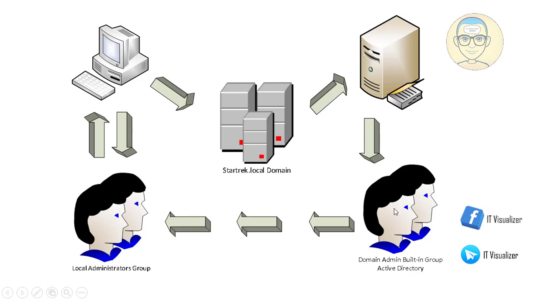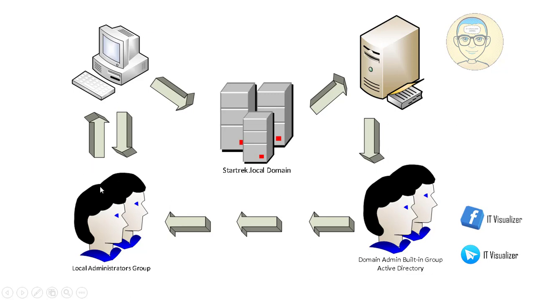So any member of this group will be a local administrator on every machine in the domain, so he can do anything to this machine. This is why the domain admin has full control over the domain and all of the PCs in the domain.